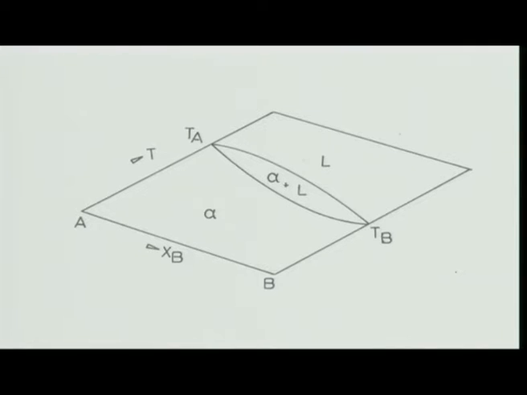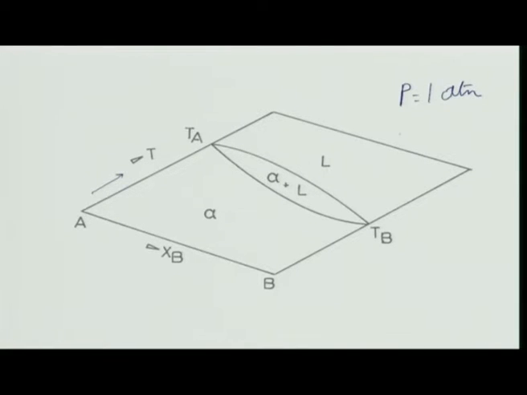If I take a section at pressure equal to 1 atm, then it will look like this: the vertical axis is temperature and the horizontal axis is the composition, and there are two components A and B. Therefore, one composition axis is enough, because if I know one composition, the other composition can be easily obtained.